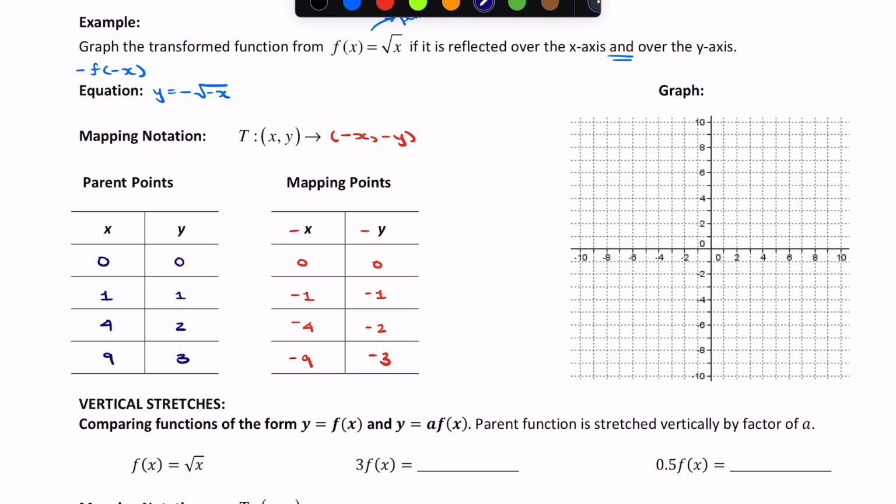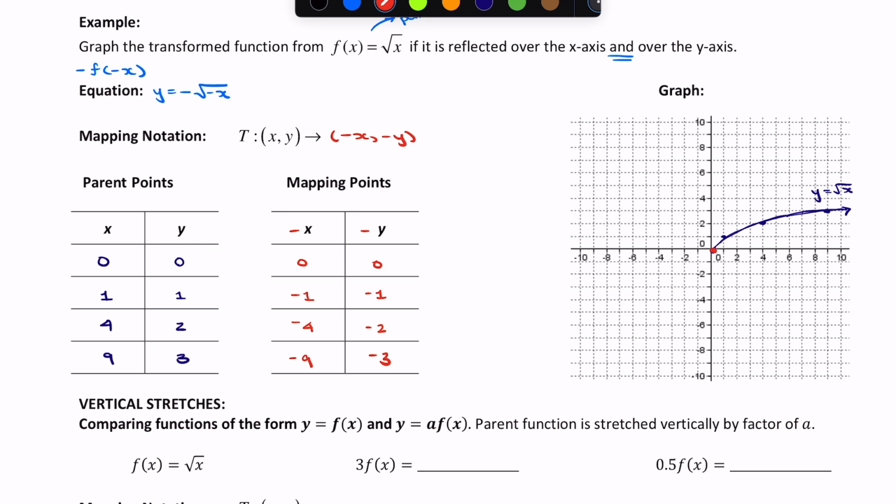And so here, if we graph our parent function, 0, 0, 1, and 1, 4 and 2, and 9 and 3. That's our original parent function. Y is equal to square root x. And here, our transform function starts at 0, 0.